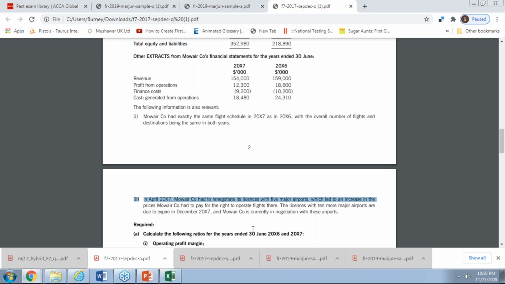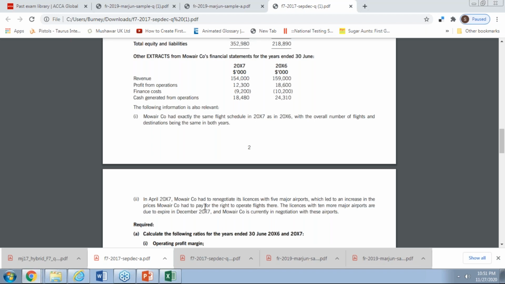Now, in April 2007, our year end is 30th June. So just April, May, June, just 3 months before the year end. Just 3 months. So when we have been given a date, you have to identify and link it with the year end. So just 3 months before the year end, Moed had to negotiate its license with the 5 major airports, which led to an increase in the price Moed company had to pay for the rights to operate the flights.